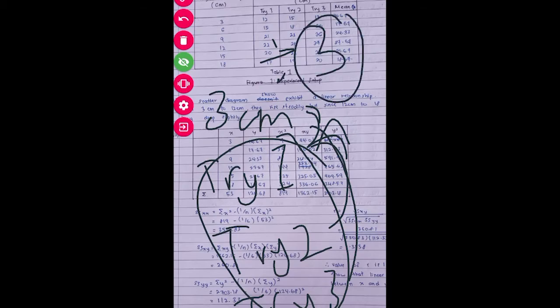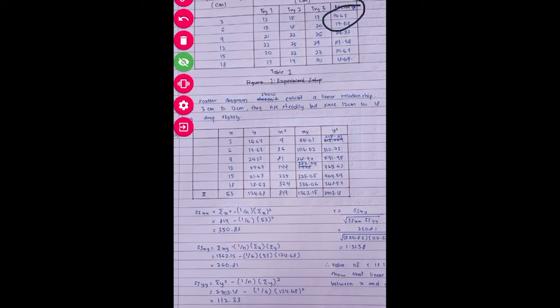So we get the mean for this height. For the next height it is the same thing, just total these 3 values and then divide by 3. So we get the mean.